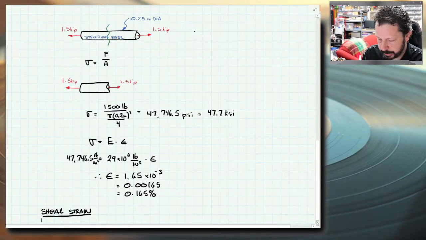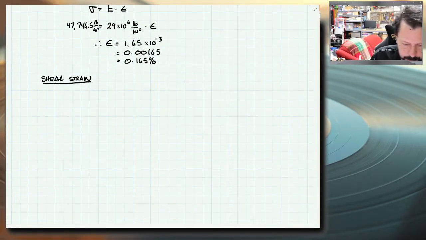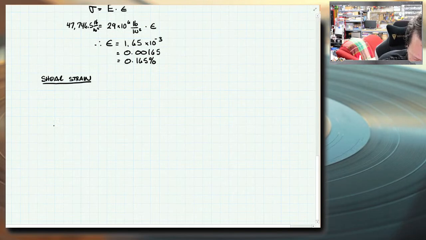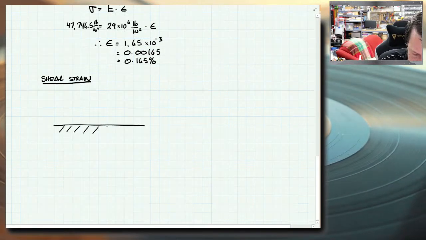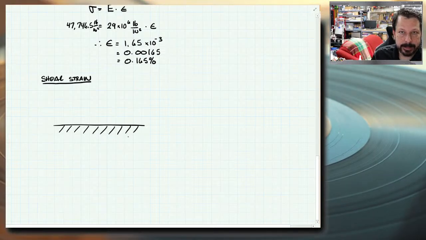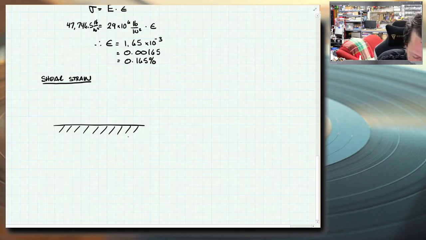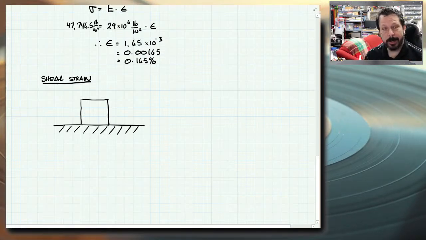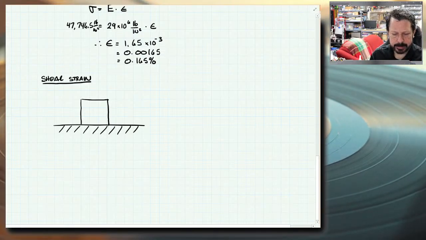Whereas with shear strain, I wanted to show an example like this. So this is the ground, and it doesn't move. And on the ground, we are going to put some kind of block. Let's think of it as a relatively soft block, so it's easy to change shape.